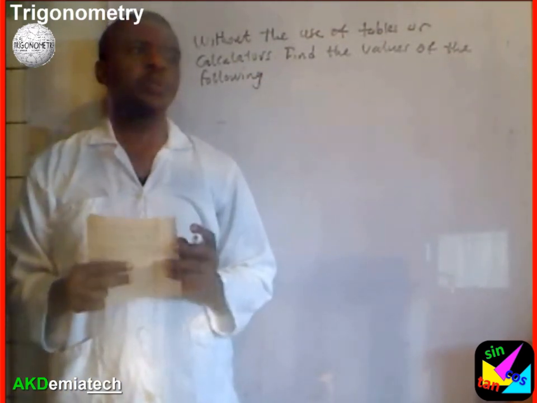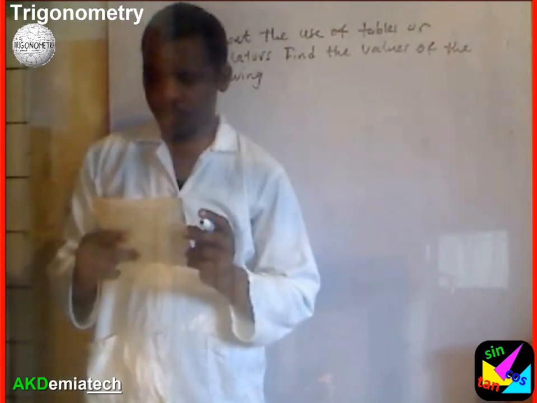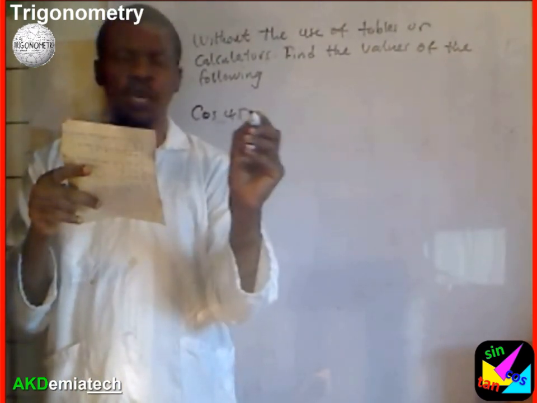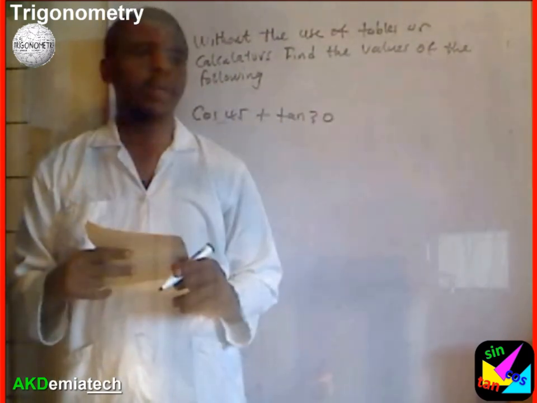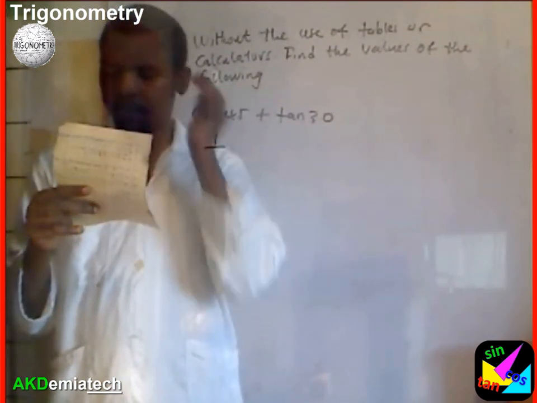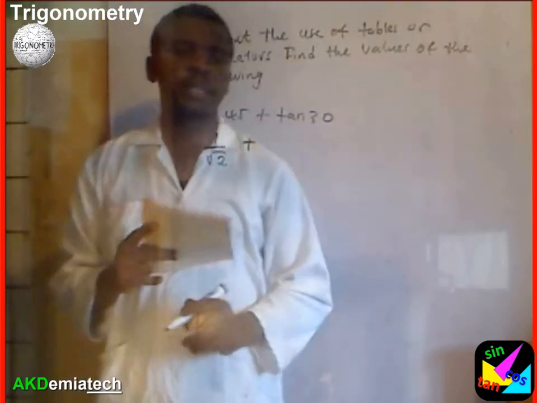Without the use of tables or calculators, find the values of the following. Cos 45 plus tan 30. What is cos 45? This is 1 all over root 2 plus tan 30.